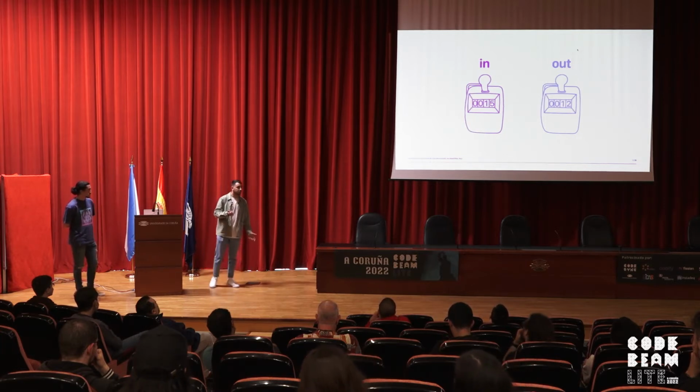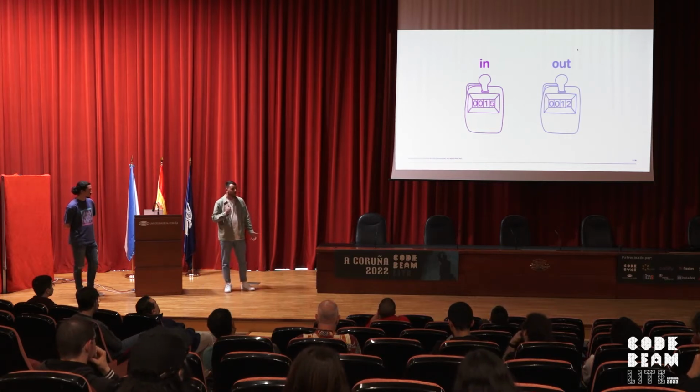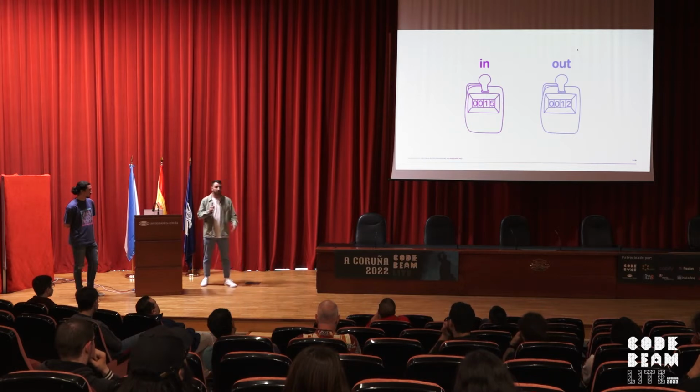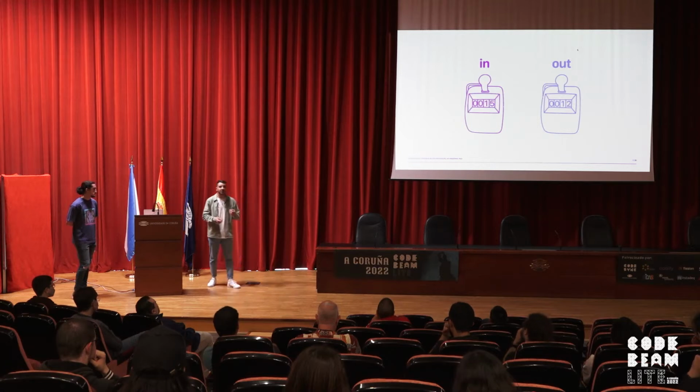Counters are incremental integers that are shared, and we are storing these counters in the ETS. We have one counter in for the producers and one counter out for consumers. So each time a producer wants to ingest data in the queue, it updates the counter, gets the new value, and that value is the index of the compartment where it has to place the data.